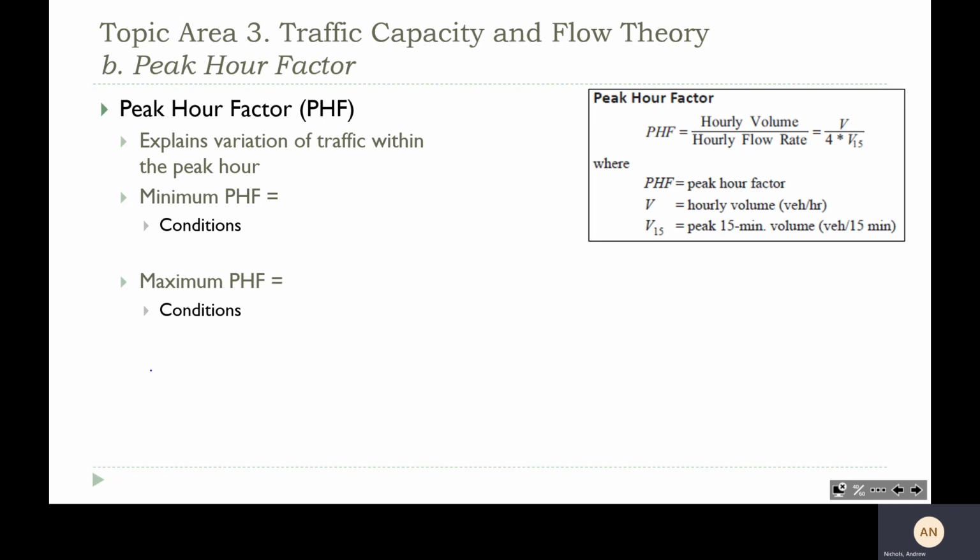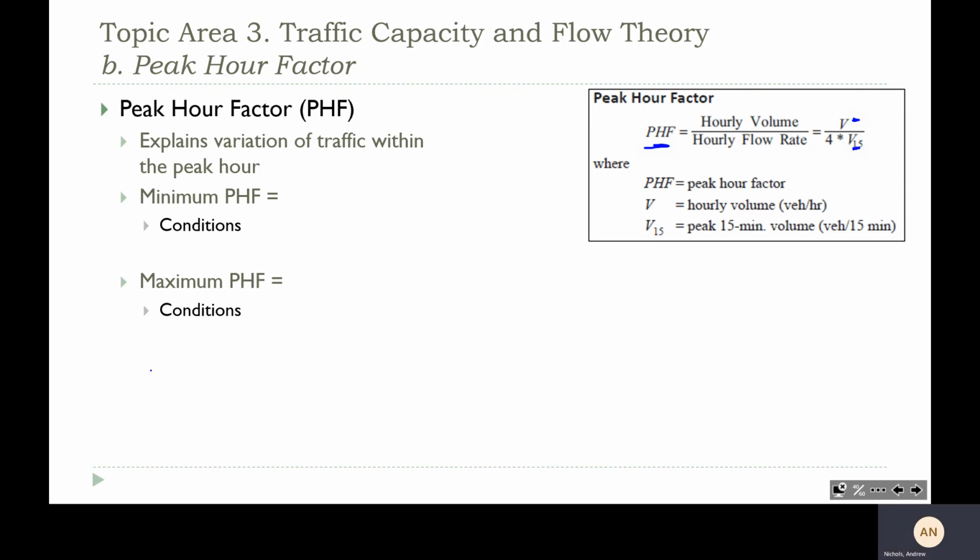So this is the equation that is given in the reference manual. V is the total hourly volume, and V15 is the peak 15-minute volume within that peak hour. So you basically have the full hour's volume, and then you look at the peak 15 minutes within that, multiply that by 4, and that gives you the peak hour factor.